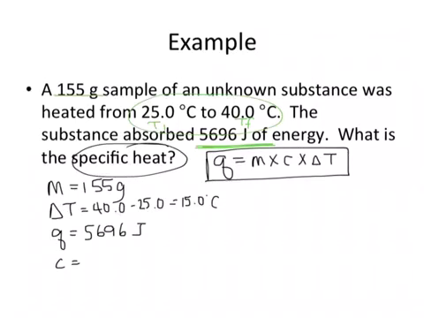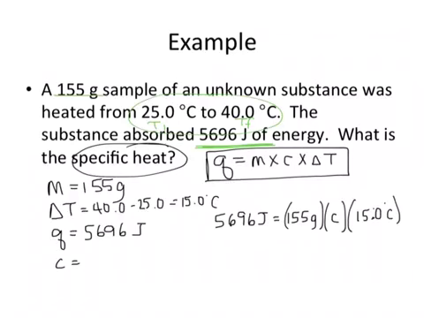The equation is right here, and we're ready to plug and chug. So we're going to take 5,696 joules, and that's equal to 155 grams times C, which we don't know, and the change in temperature, which is 15.0 degrees Celsius.